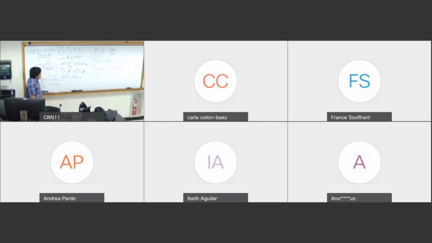There. I want to find X. So, I get this. Right? I divide by 1,000 on both sides. And then I can cancel the zero.